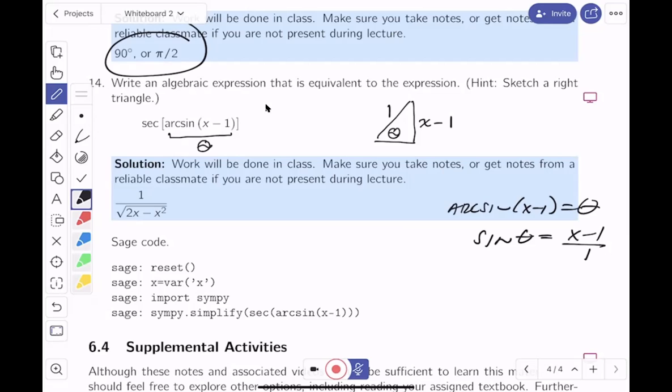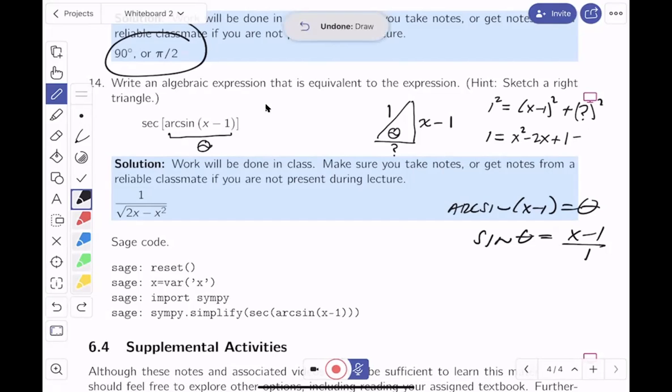So it's going to be 1 squared, that's the radius squared, equals x minus 1 squared plus a question mark squared. So 1 equals x squared minus 2x plus 1 plus the question mark squared.